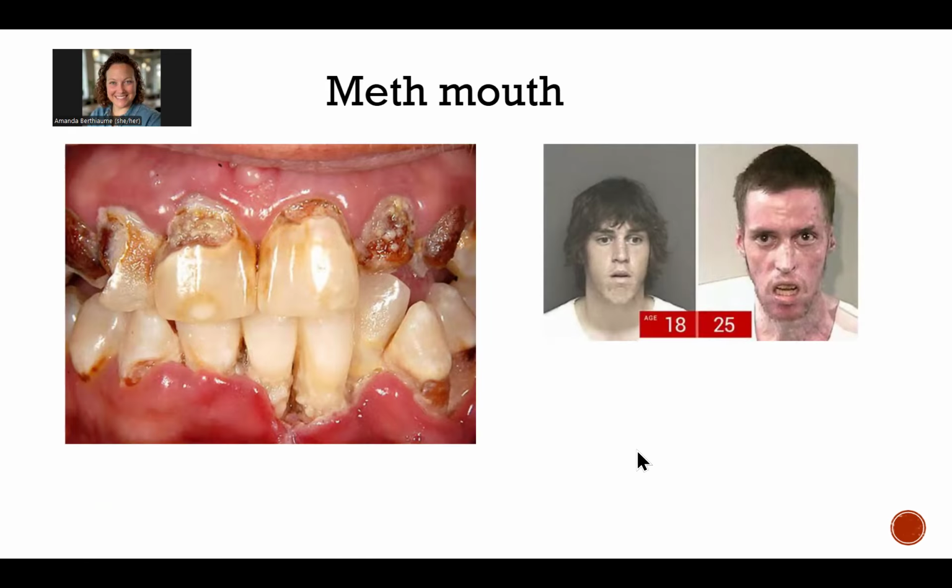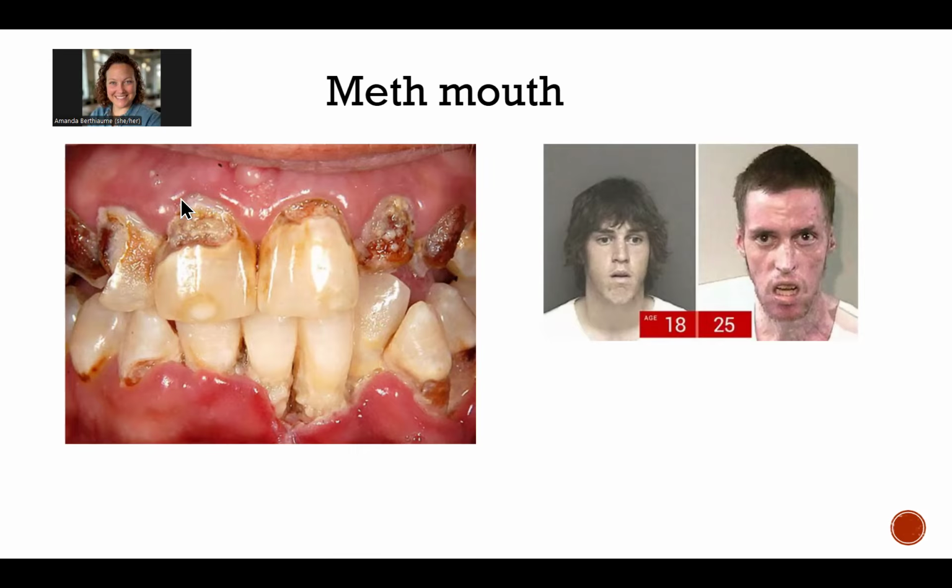We've talked about meth mouth a few times. You will see patients coming in usually when they're in recovery because their teeth have taken such a hit that they're trying to rebuild their lives and they need teeth to even get a job, right? So this is a big part of it. They might be candid with you on where they are in their recovery, but a lot of times they're coming in pain if they're currently in addiction.